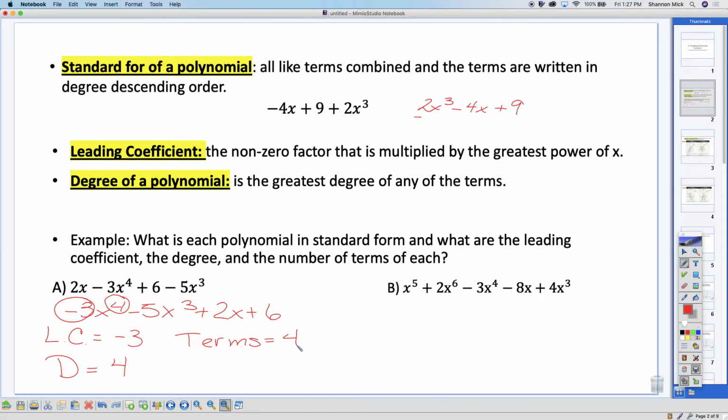So how did you know that negative 3x to the fourth was the first one to go? Because it's the highest degree. It's the biggest power. So the leading coefficient and the degree should be the same. No. Wait, no, never mind. No, the leading coefficient comes from that. What about the term? Wait, what's the degree? Oh, the highest exponent.